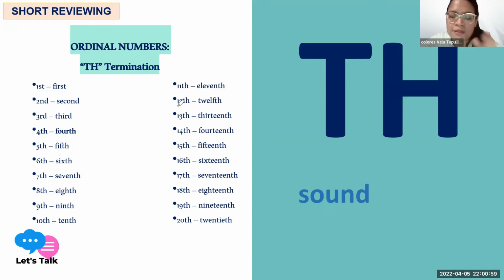I mean, you need to make the difference between the sound in ordinal and cardinal. For example, if I say the cardinal number, the cardinal sound for this number is 15. That is a cardinal. But if I say, for example, the pronunciation of the ordinal, it's different. It's 15th.